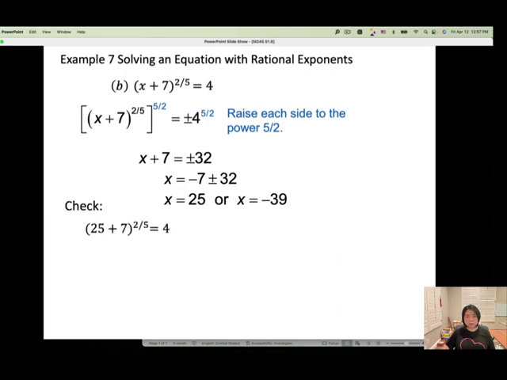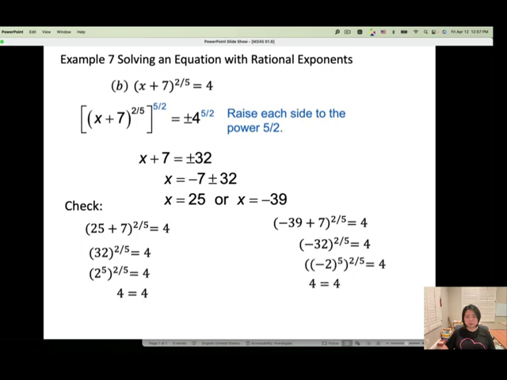Okay, check your work. Plug it back in. I got the true statement for both.